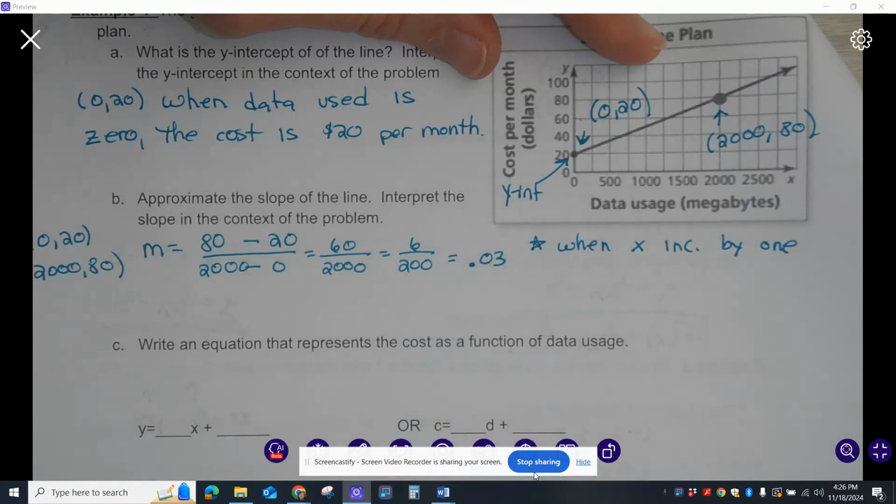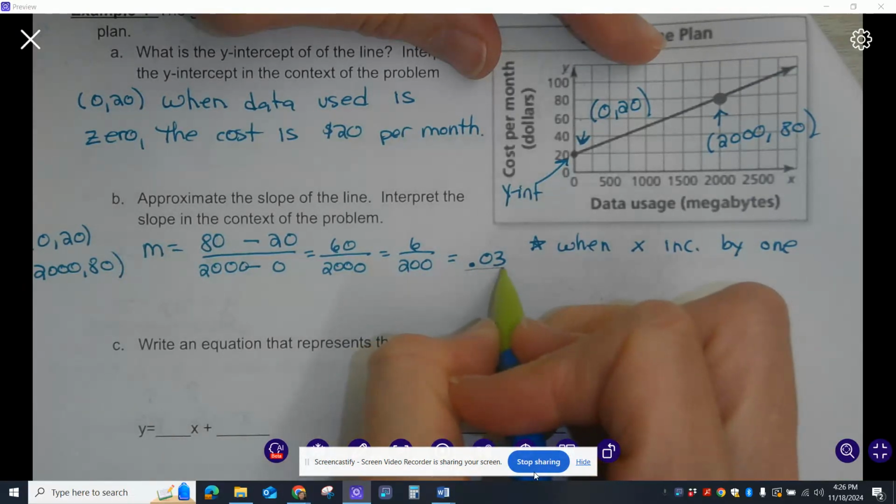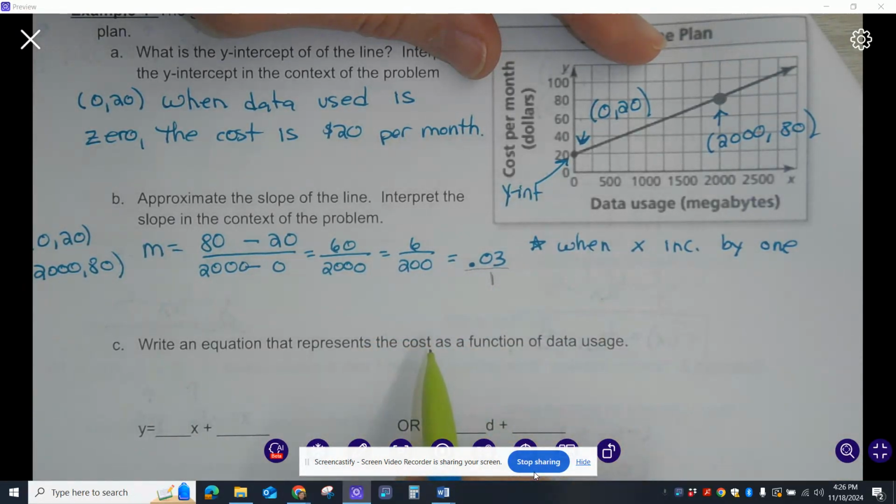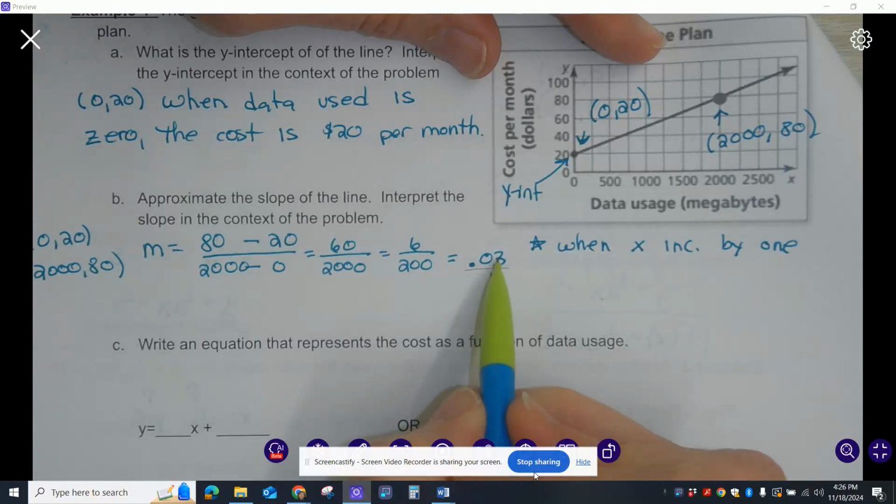Remember, slope is a rise over run. If I put a run under here, a 1, this says the rate of change of y is 0.03 when x increases by 1. So slope is always over 1.